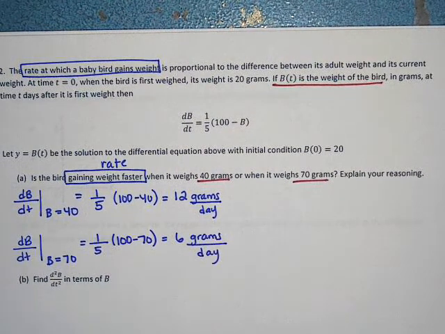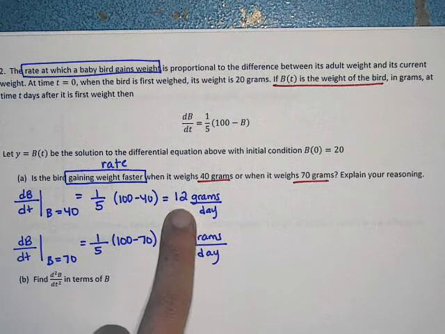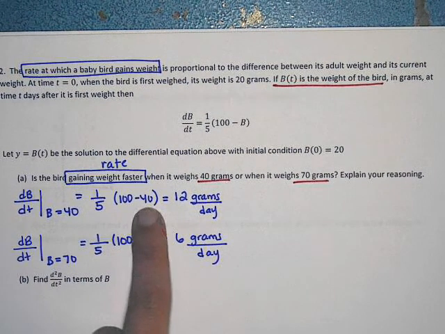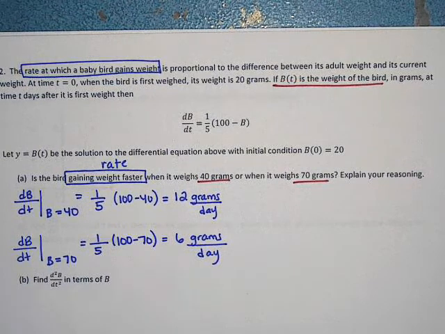Now that I've figured out those two different rates, I can figure out when it's gaining weight faster. The rate is faster at 40 grams than at 70 grams. Now, logically, does this make sense? Do you gain weight faster when you're a young baby or when you're an adult?